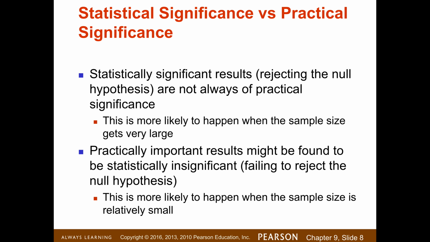It says practically important results might be found to be statistically insignificant. Sometimes if you don't have enough power, your null hypothesis can be false, but you just don't have enough power to find statistical significance. So I think in some ways this screen is a little bit premature.